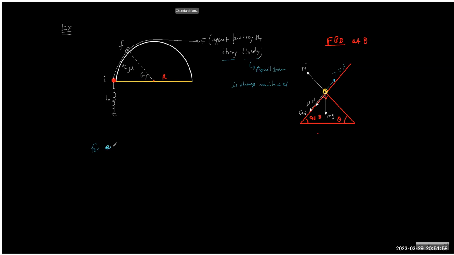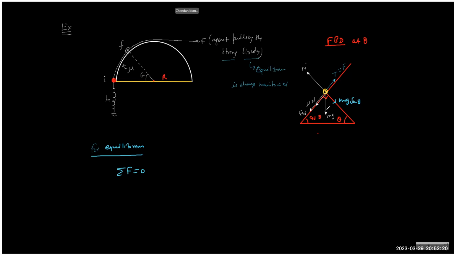So for equilibrium, how to write? Net force equals 0 along the tangent. So mg will have two components: mg cos theta down the plane, and mg sin theta like this.